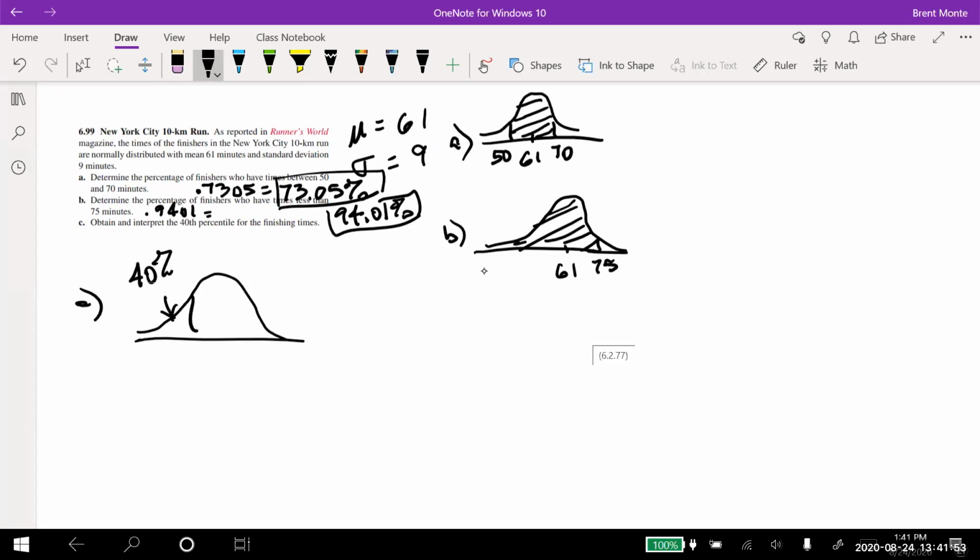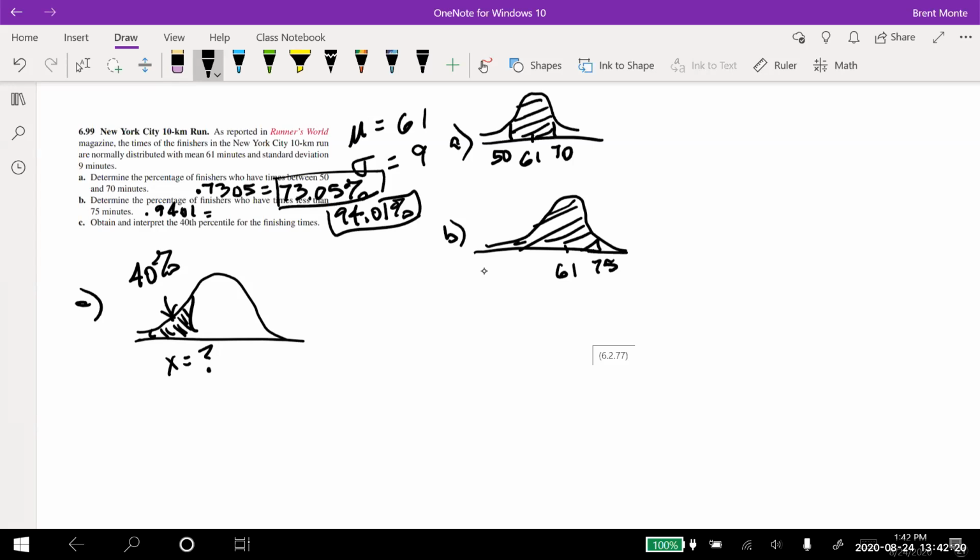I don't actually remember which way this problem is designed to go, but typically the 40th percentile, you'd be better than 40%. So their time, since we're measuring time, was better than 40% of the people. So we have an area to the left of 40%. We're trying to find this score right here, this X value. I don't know what that is. That's what I'm trying to find.